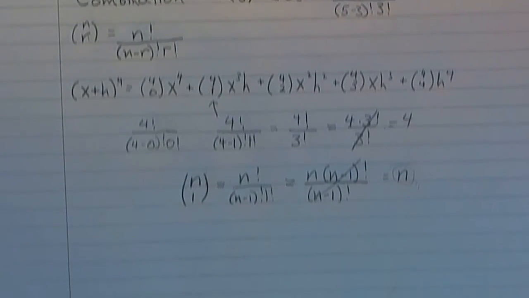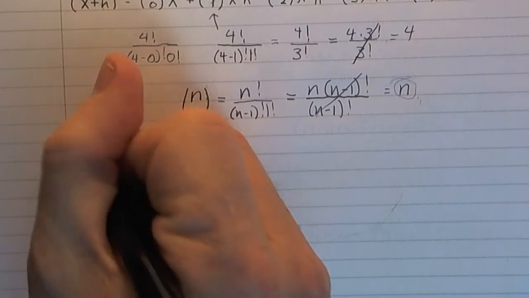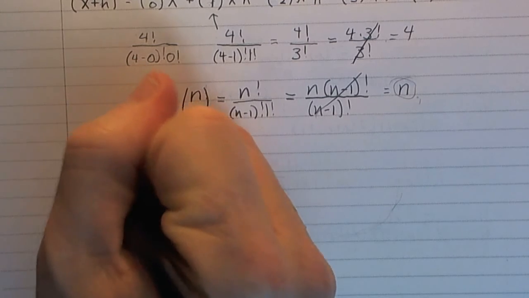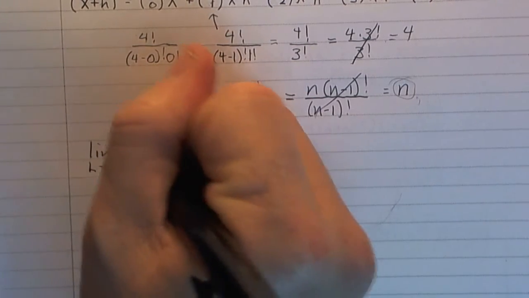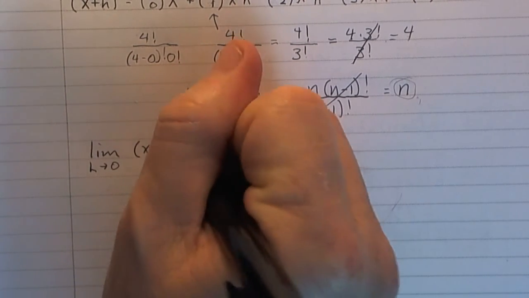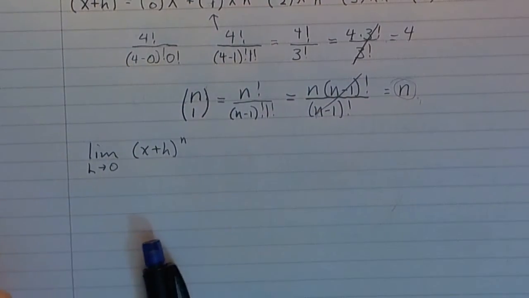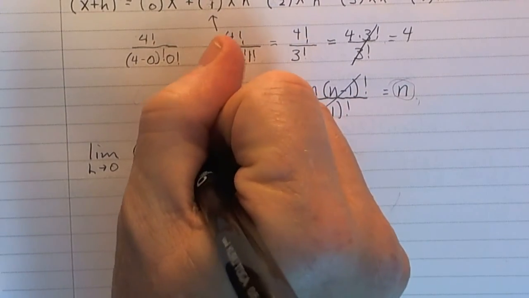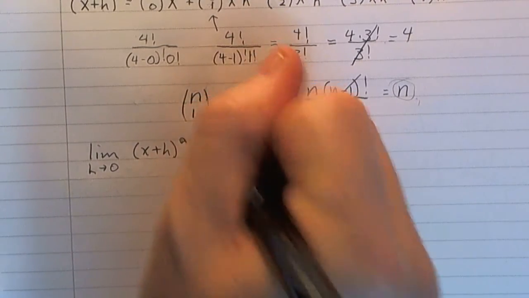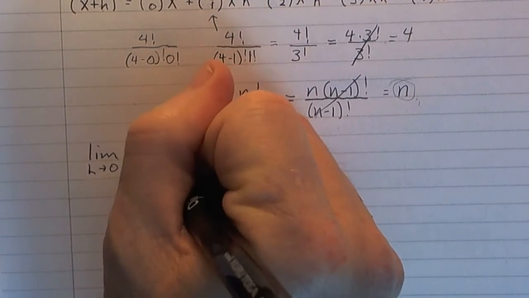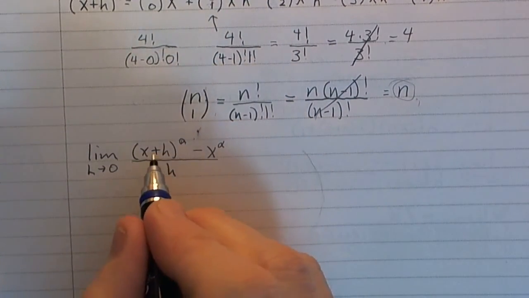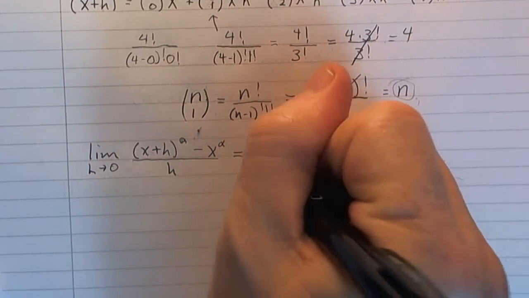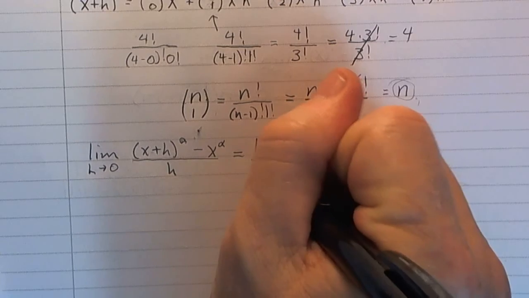So, that being the case, let's think about this derivative, the limit as h goes to 0 of x plus h to the n, or alpha, I think we were saying, alpha, x plus h to the alpha minus x to the alpha over h. Now, if I expand this out, look what I'm going to get. I've got to remember to carry my limit along.